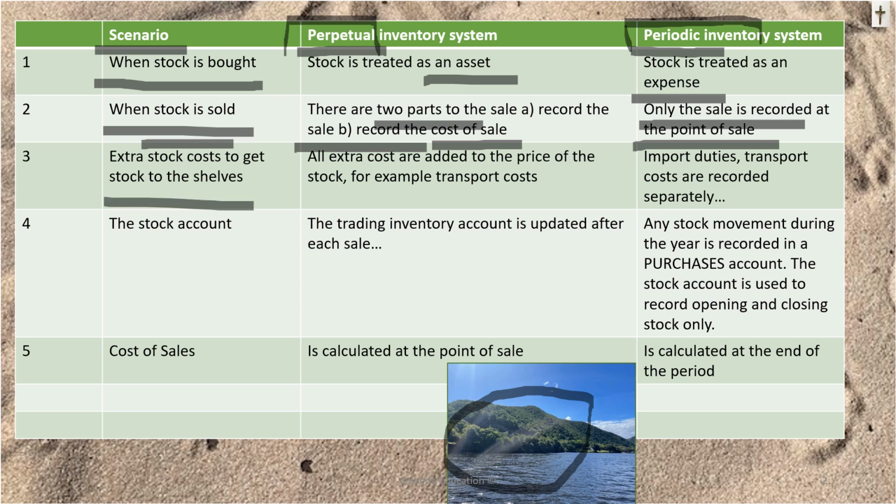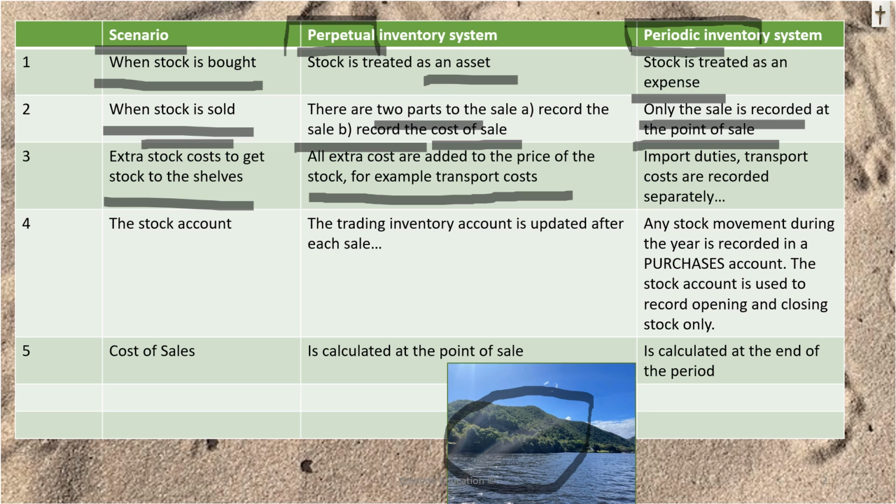Scenario: extra stock costs to get stock to the shelves. So there will be transport costs or import duties, extra costs to get the stock onto our shelves. In the perpetual inventory system, these extra costs are added to the cost of the stock, the cost price of the stock.